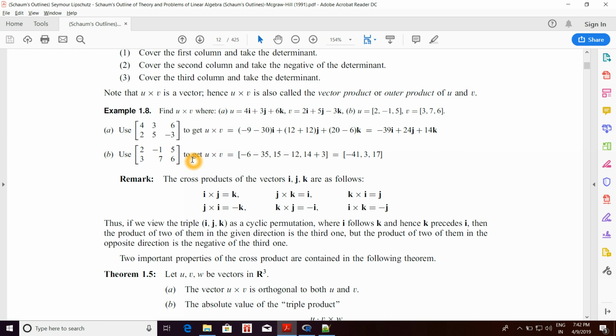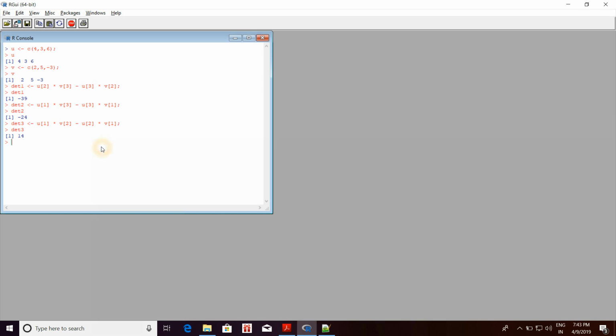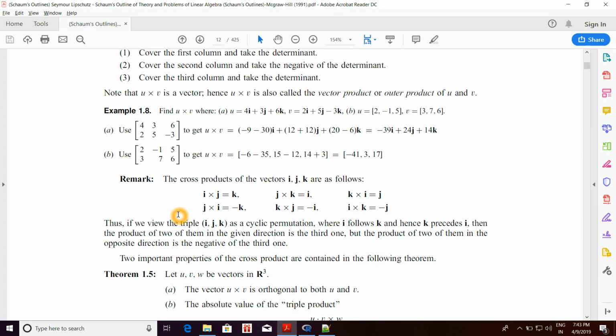So the vector will be, so the new cross.vec will be c of det 1, then minus of det 2 and det 3, that is minus 39, plus 24 and 14.